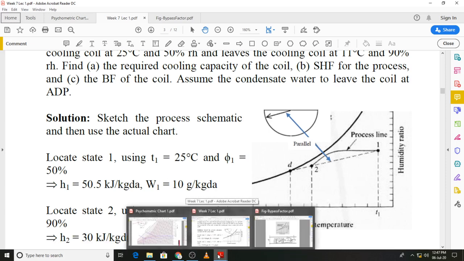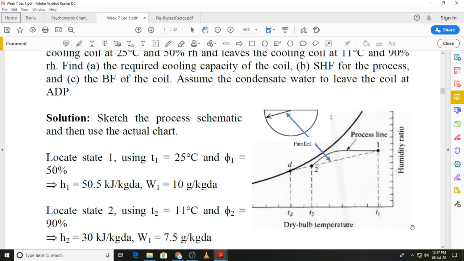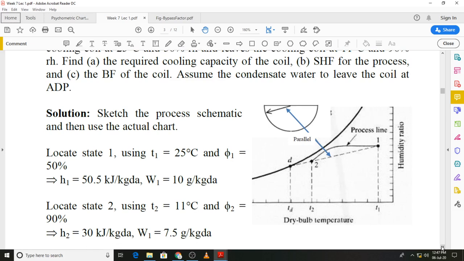I will go to the actual psychrometric chart in a while and show you how I have got these values. So remember, first we need the cooling capacity of the coil as well.